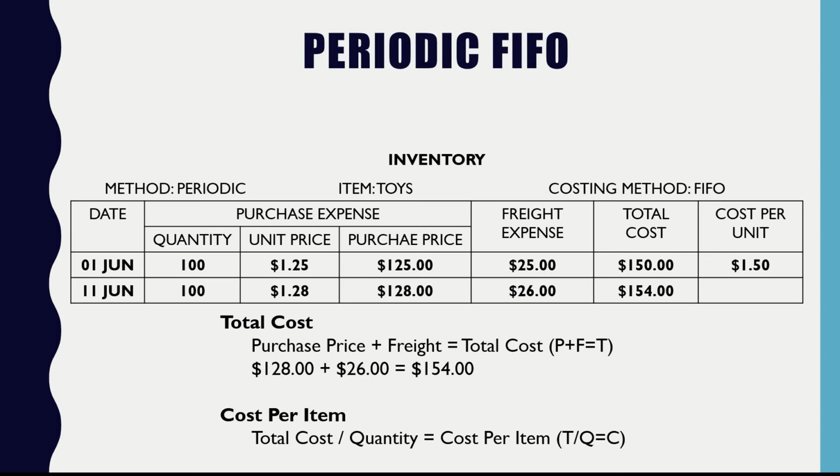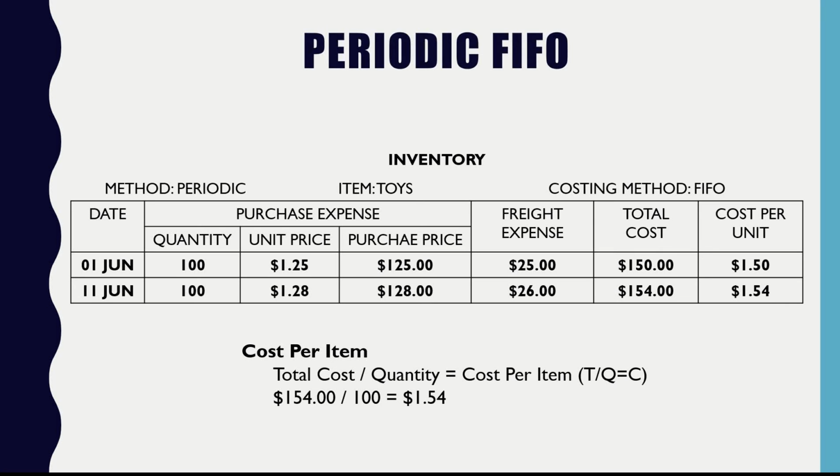Now we need to associate our cost per item: we have a total cost of $154, and we divide it by our batch of 100, which gives us $1.54.